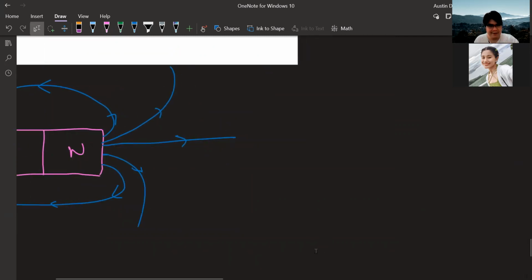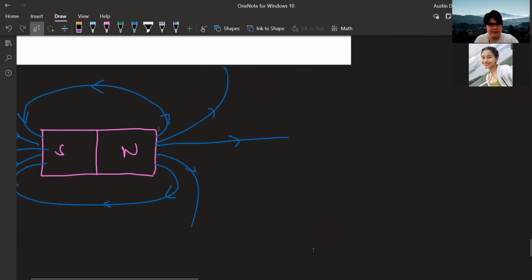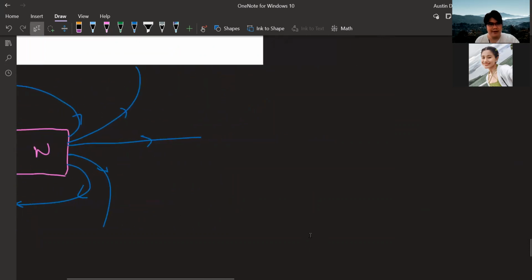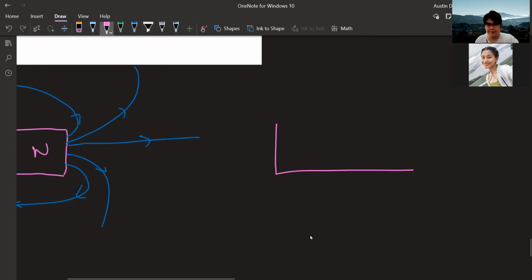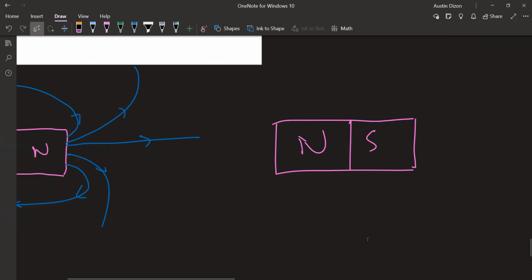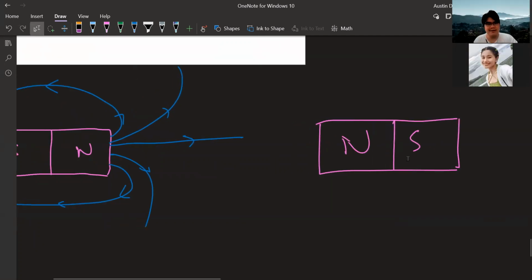And if you have another magnet, okay, let's have another magnet here. The pink pa rin, para maganda. Nandyan ka pa ba, Dino? Hello, Dino.